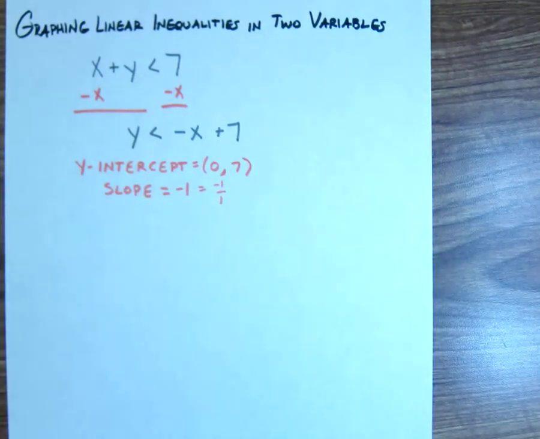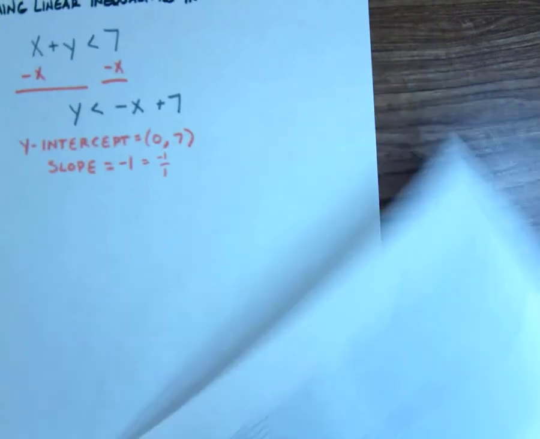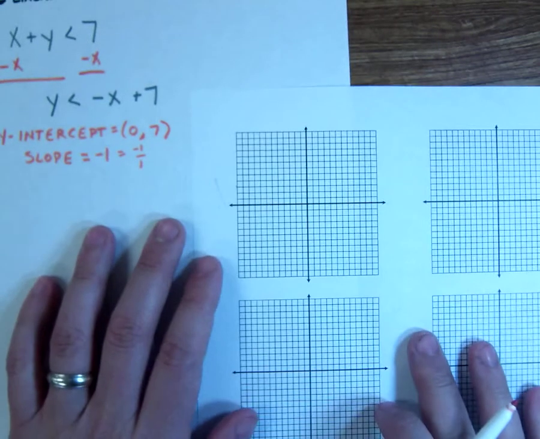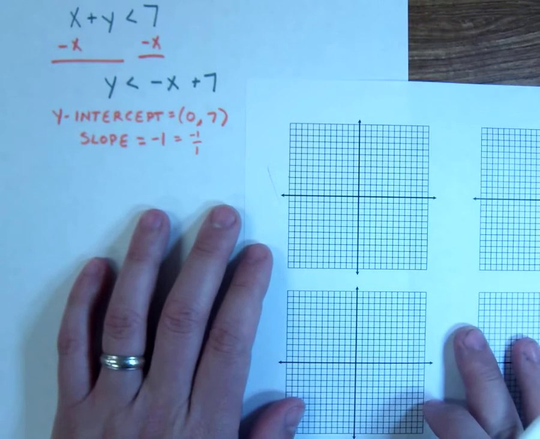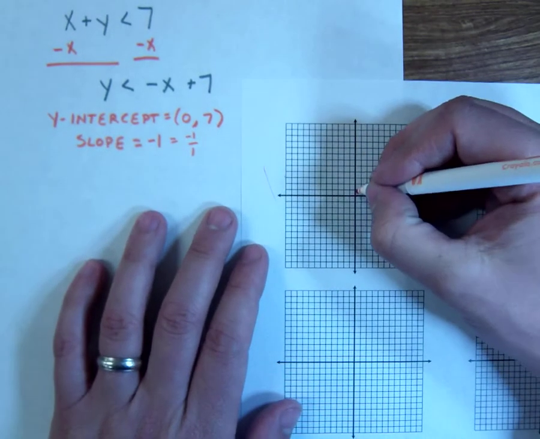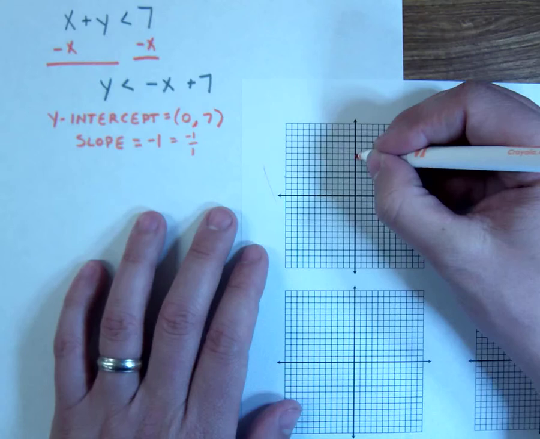Now those numbers, the y-intercept and the slope, are all you need in order to graph this. So let's go to our graph paper. And we'll put one point on (0, 7).